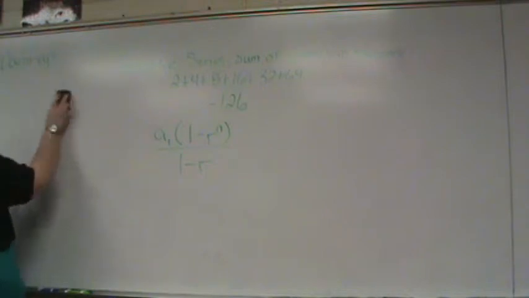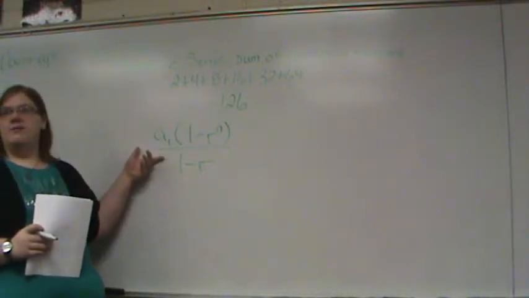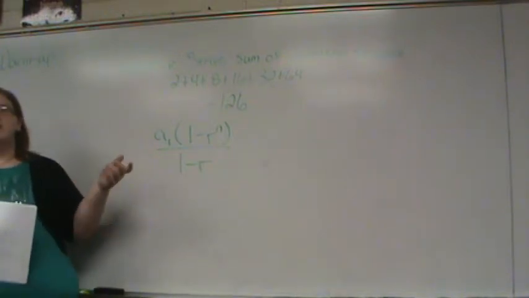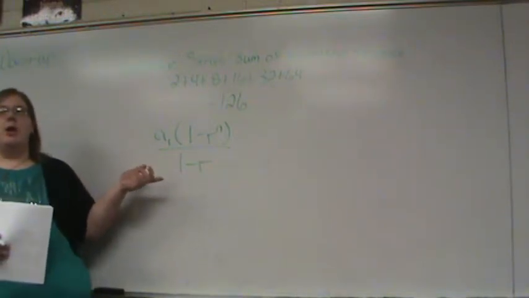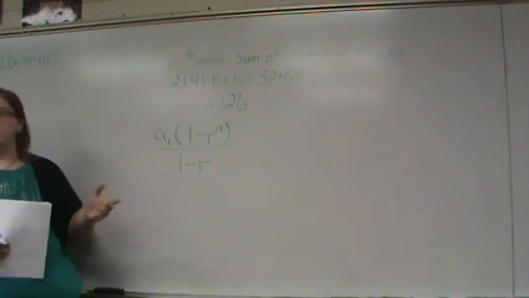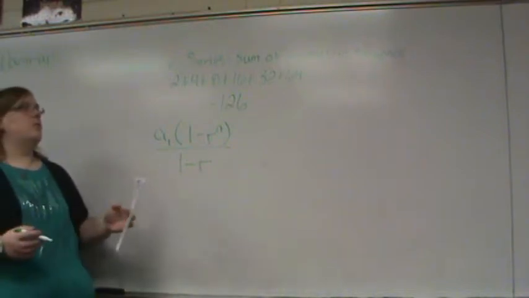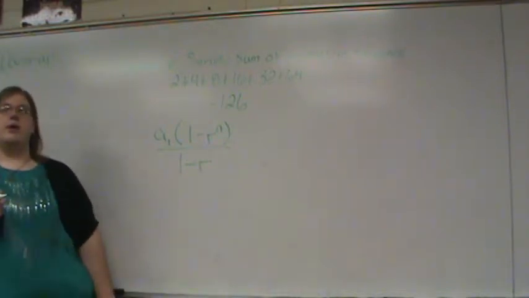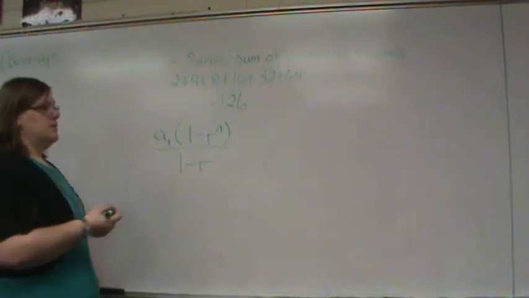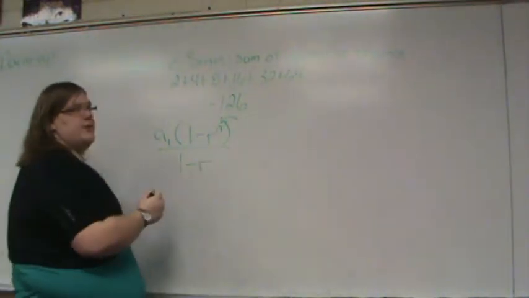And can somebody explain why this wouldn't work for that infinite one? What's the key part in this that we need to know in order to use this? The last number. So what is the last number? What do we need that last number for? To know how many terms there are. So that's this n value, isn't it?